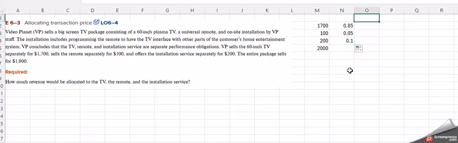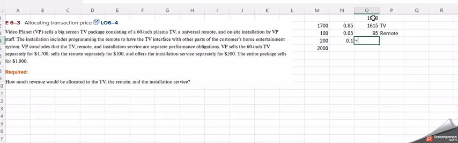So then we'll say, okay, we're offering a package deal of $1,900. If we take the $1,900 times that percentage, we're going to allocate $1,615 to the TV. Then if we take the 5% and multiply that by the price, the remote is going to be $95.